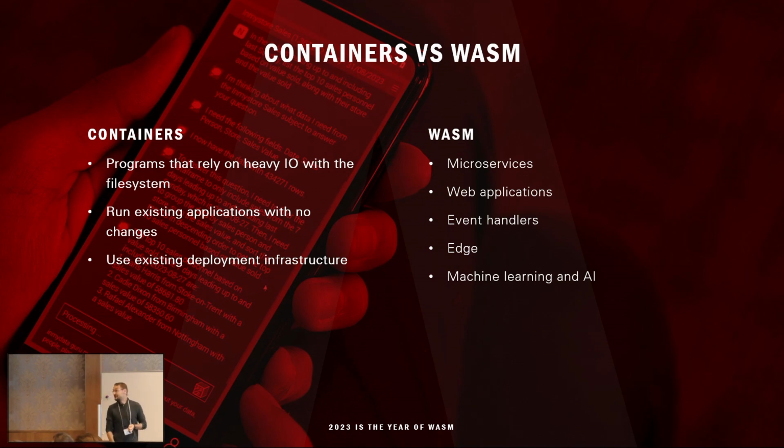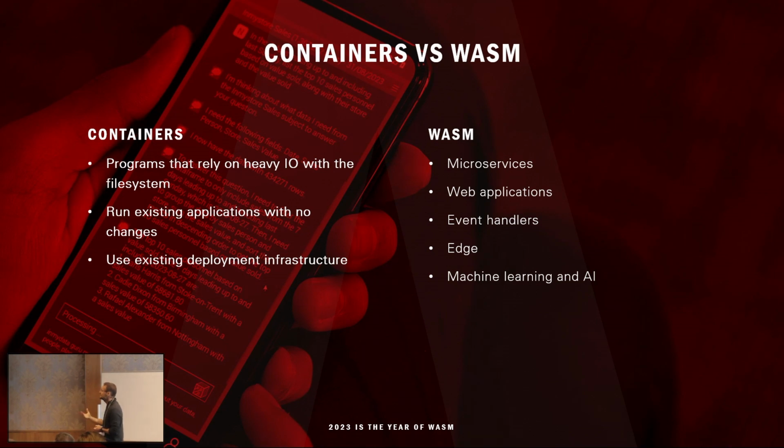So should we be just porting everything from containers and ditching containers today and running just with WebAssembly? Well, obviously not. There are some scenarios where containers are going to be a better option. Anything with heavy input-output to the file system, to disk itself, it's likely to be more efficient running that through a container because the file system's built into the container, whereas with WebAssembly, you're going to go through the WebAssembly system interface.